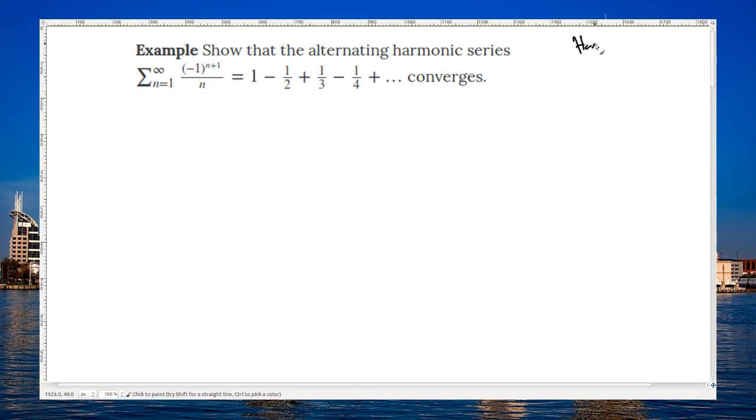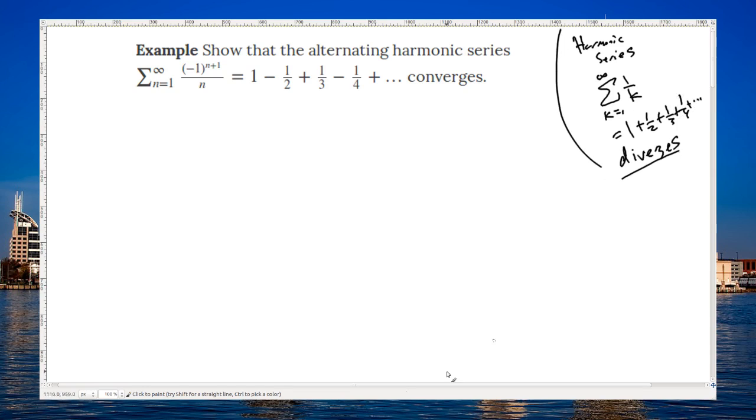Remember that the harmonic series is the series k equals 1 to infinity, 1 over k. So 1 plus 1/2 plus 1/3 plus 1/4. And that diverges. Okay? But it turns out that if instead of adding, you just subtract every other term, it actually changes to converges. And we can prove this using the alternating series test.